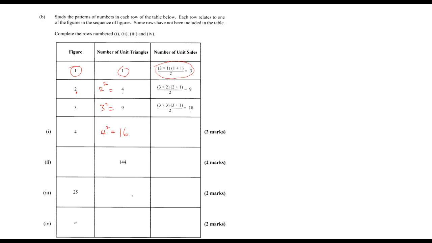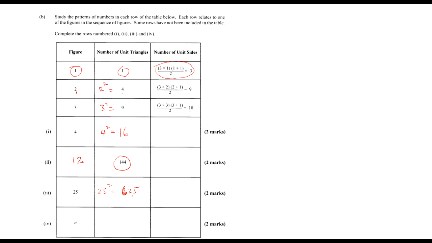So we can work out these two columns in the meantime. If this is 144, it means that the figure we were looking at would be the square root of 144, which is 12. In the case of 25, it will be 25 squared, which is 625.